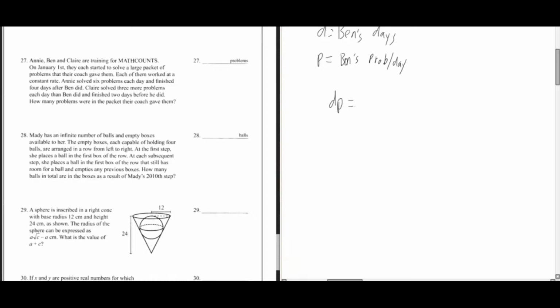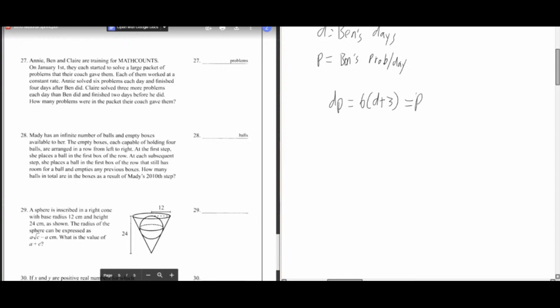So d times p will be equal to 6 times d plus 3. That's for Annie, and then also equal to p plus 3 times d minus 2.